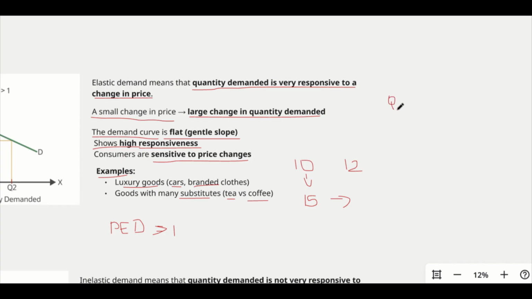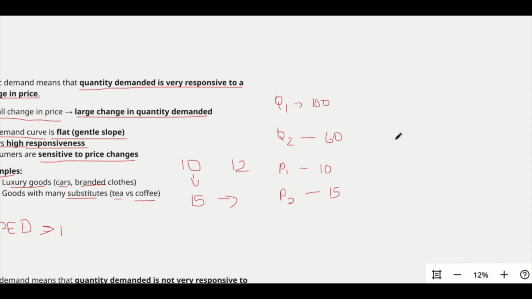We need Q1, Q2, P1 and P2. Imagine that the initial quantity demanded was around 100 and the initial price was 10 rupees. The new quantity is, let's take it as, 160, and the new price is 15. We will apply that in the price elasticity of demand equation.